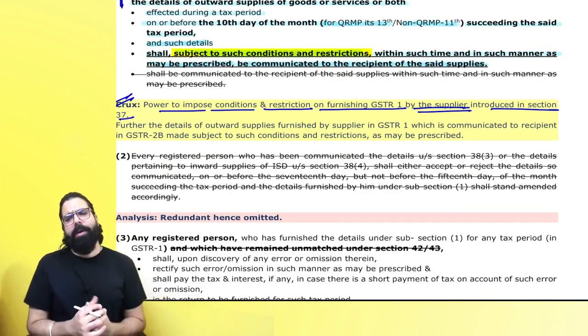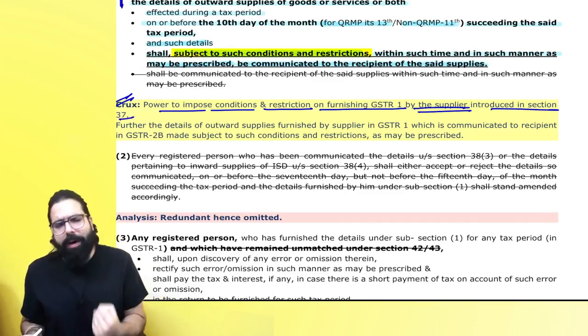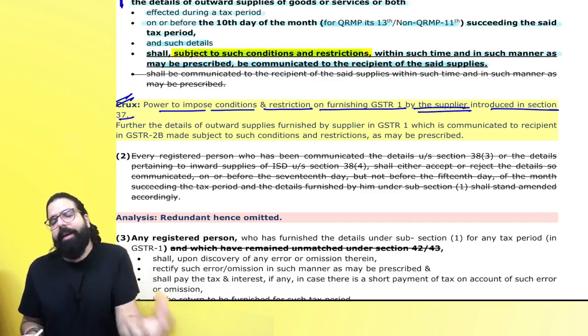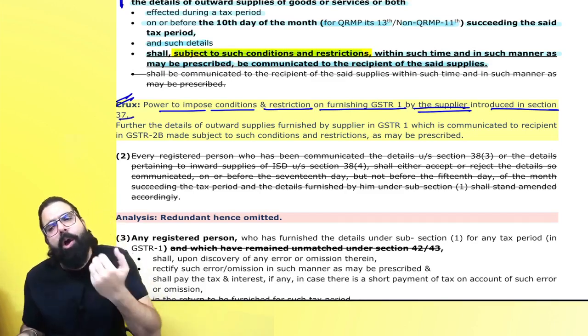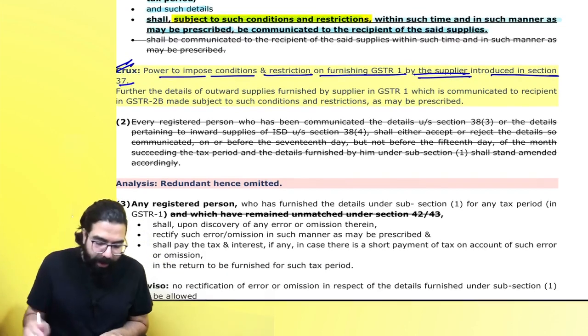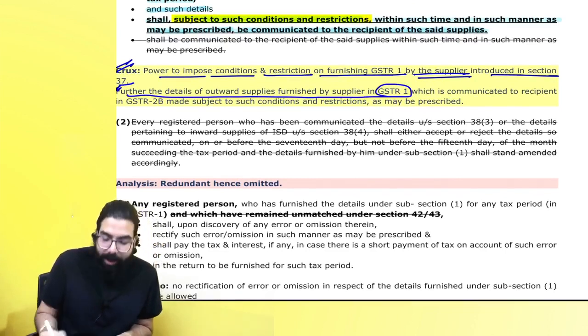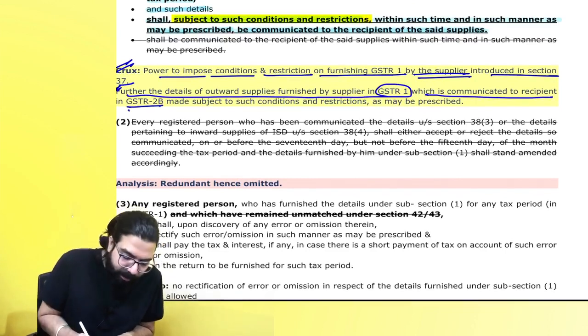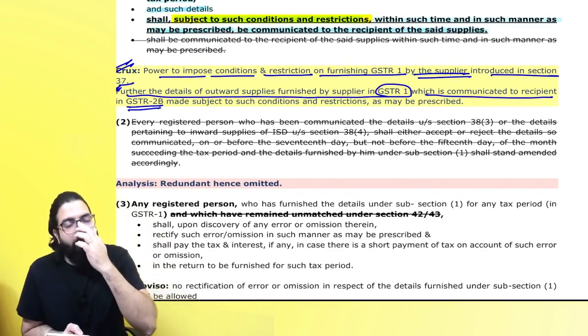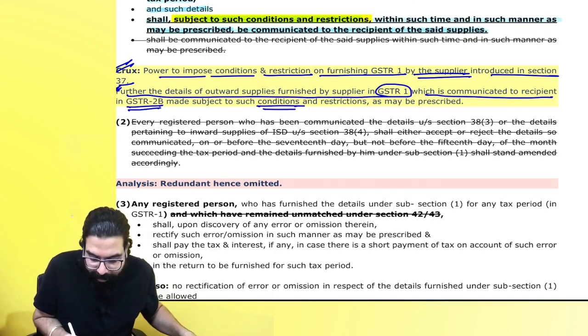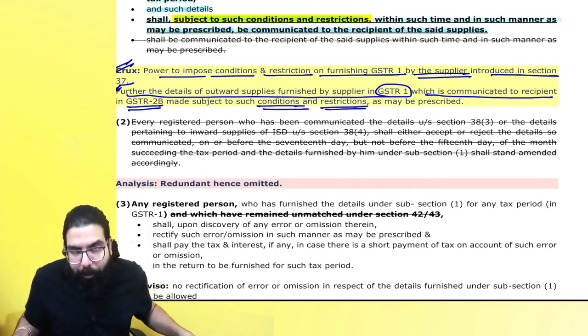Government has power that government can go ahead and say this condition and this restriction will be applicable on furnishing of GSTR 1. And secondly, further the details of outward supply furnished in GSTR 1 which is communicated to the recipient in GSTR 2B is now made subject to condition and restriction which government can go ahead and impose.